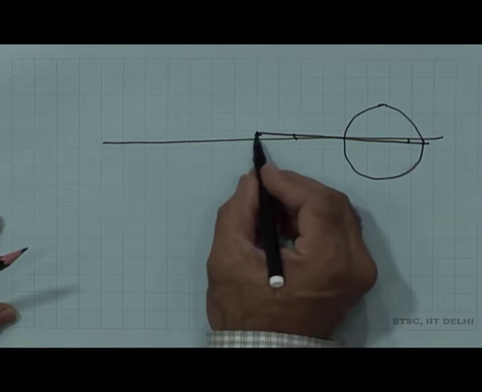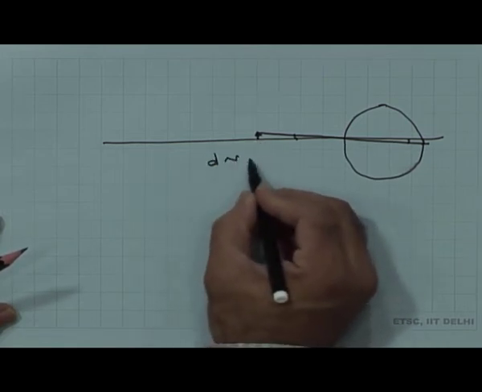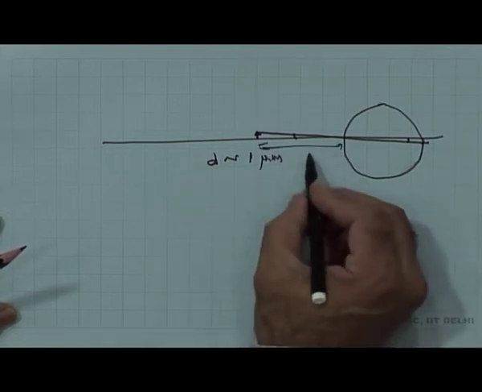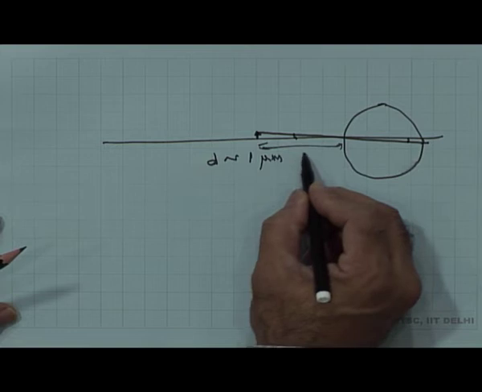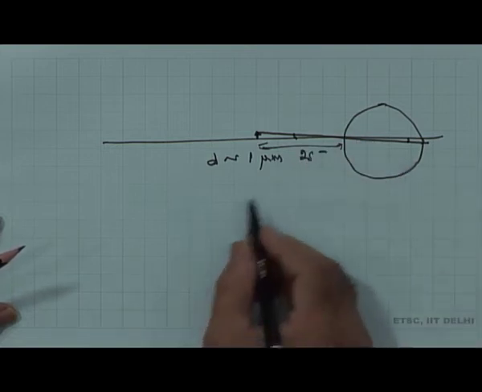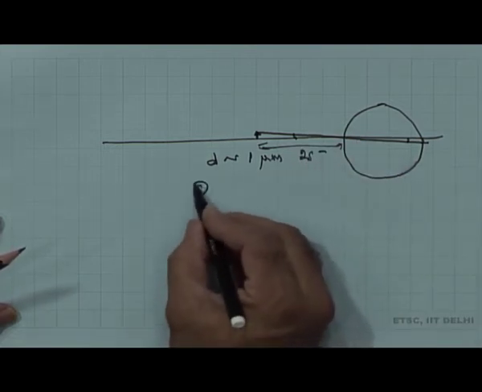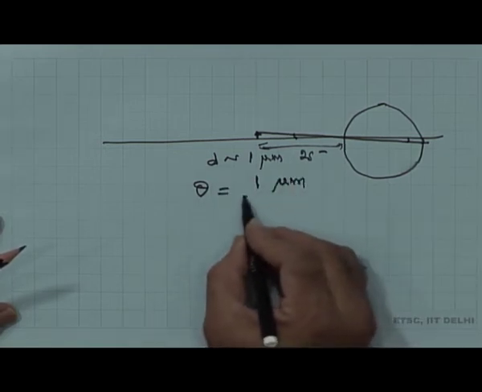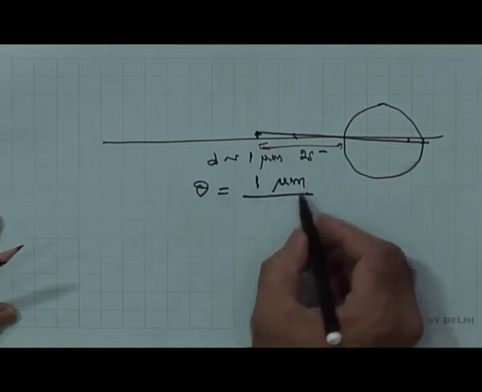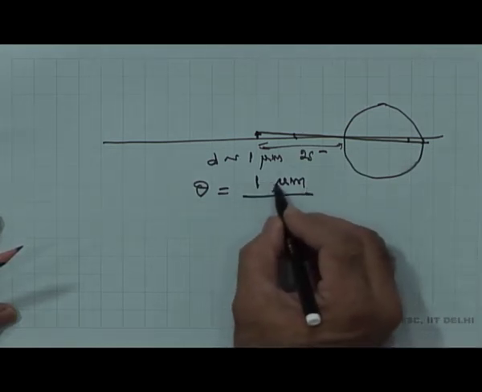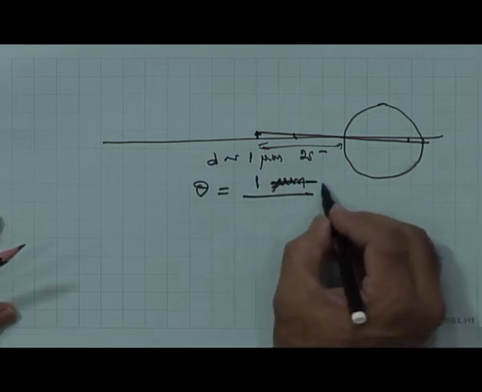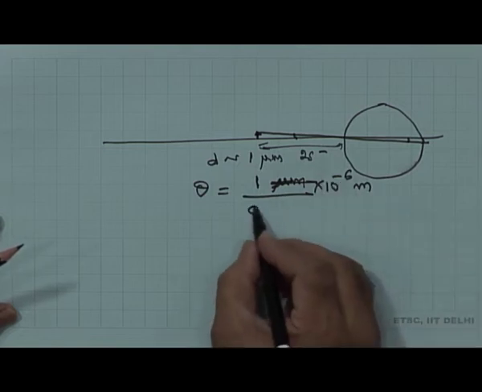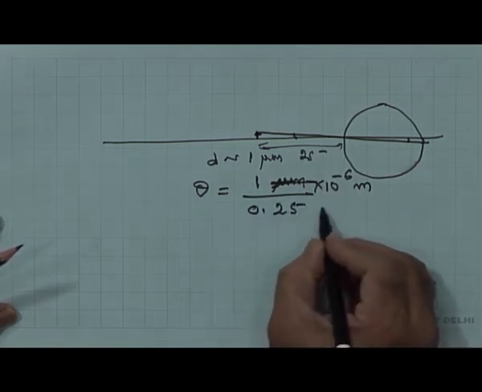For example, if I have this size d equal to 1 micrometer, and even if you keep this distance equal to, let us say, 25 centimeters, the minimum that I can see, then you can immediately calculate theta is equal to 1 micrometer, that is 1 into 10 to the power of minus 6 meters, divided by 25 centimeters, which is 0.25 meters.